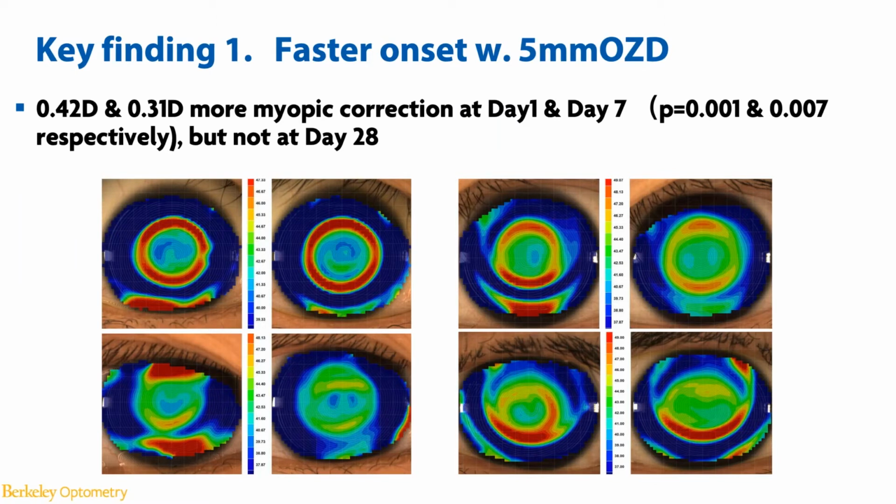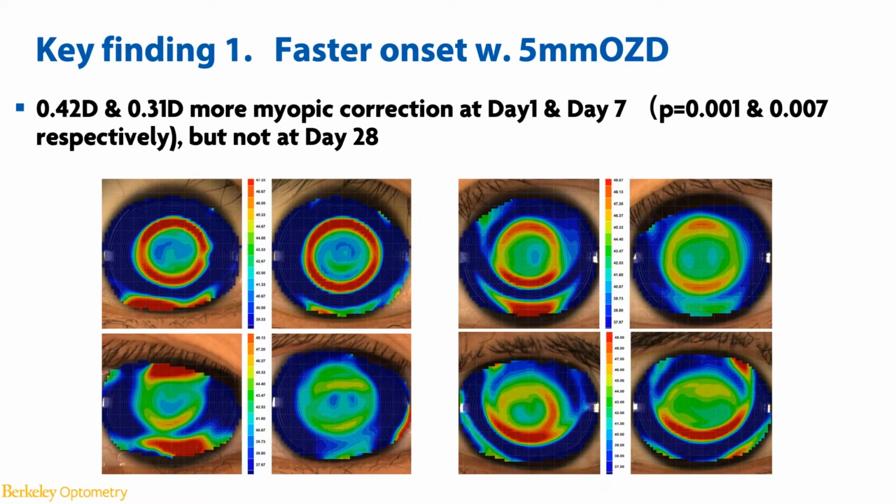And in the interest of time, I'm only including 3 major findings in this webinar. The first finding is that we have found the 5mm OZD design created a slightly but statistically faster onset of myopia correction.